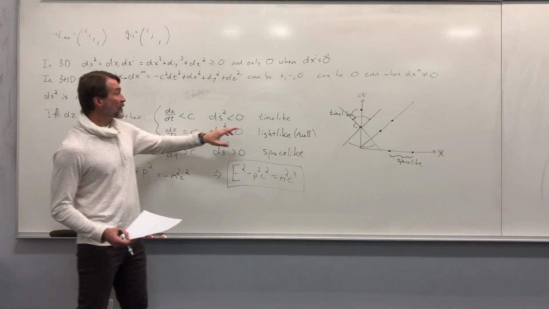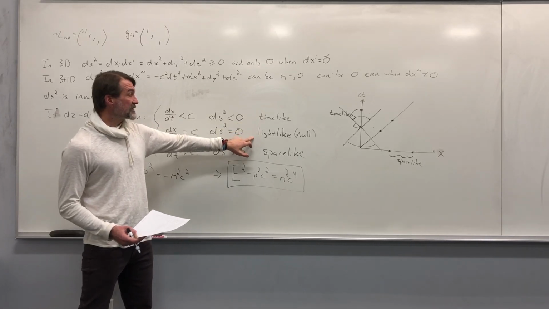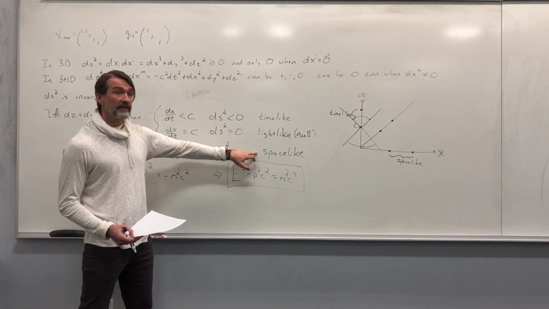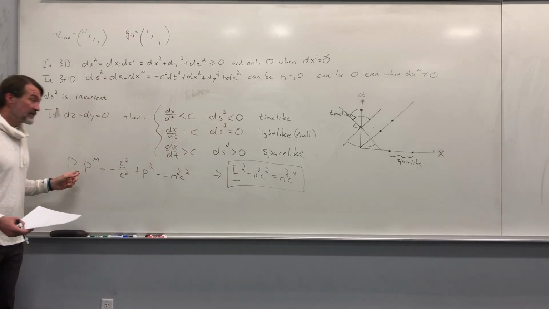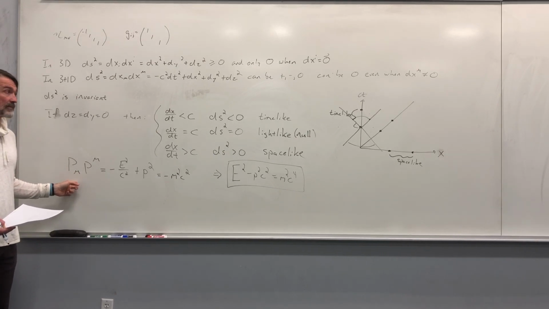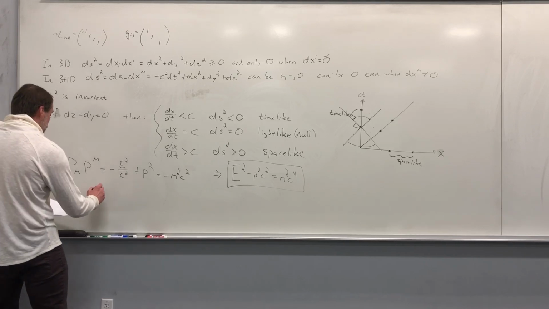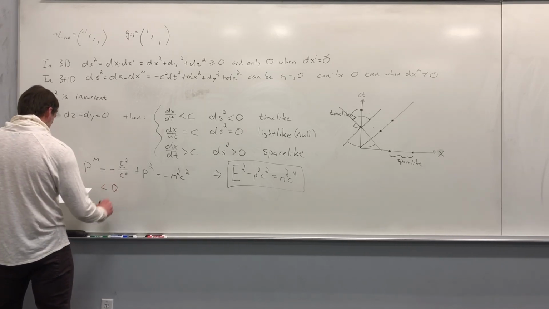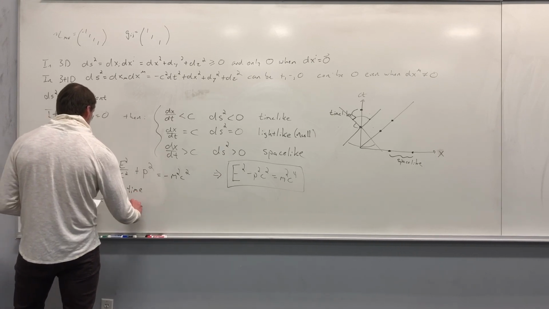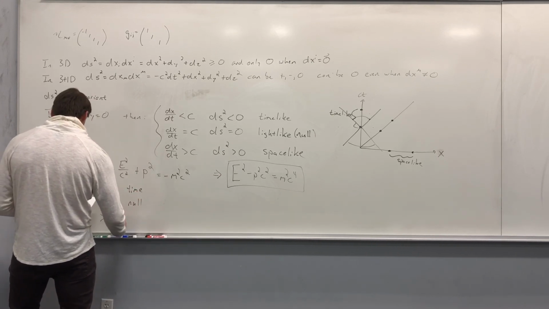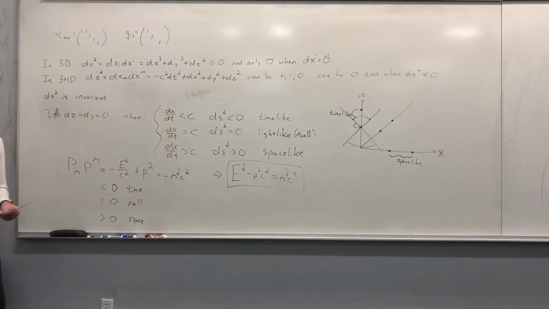And if the square is negative, it's a time-like vector. If it's 0, it's a light-like vector. And if it's positive, it's a space-like vector, okay? In particular, this is the vector describing the momentum. So if this ends up being negative, it's time-like. If it's 0, it's null. And if it's greater than 0, it's space-like. Exactly the same way it played out up there.